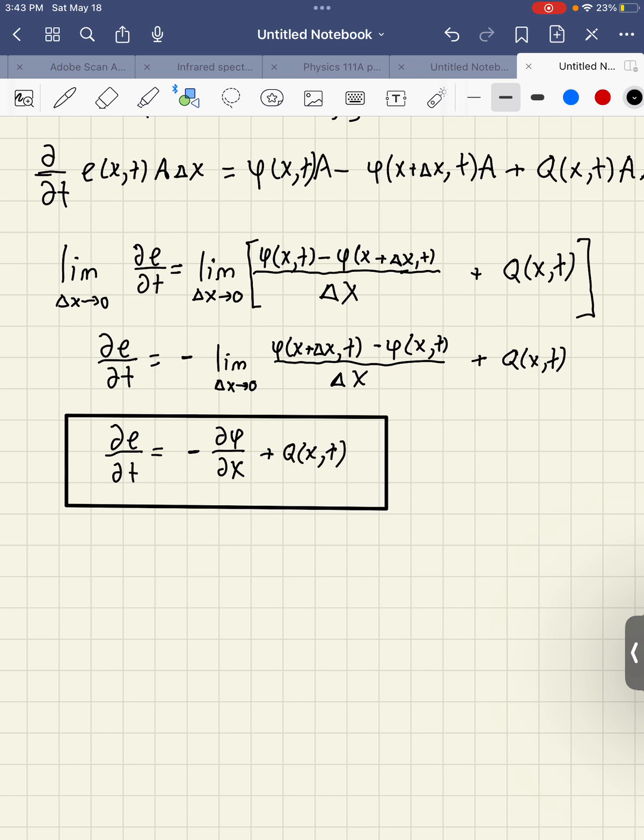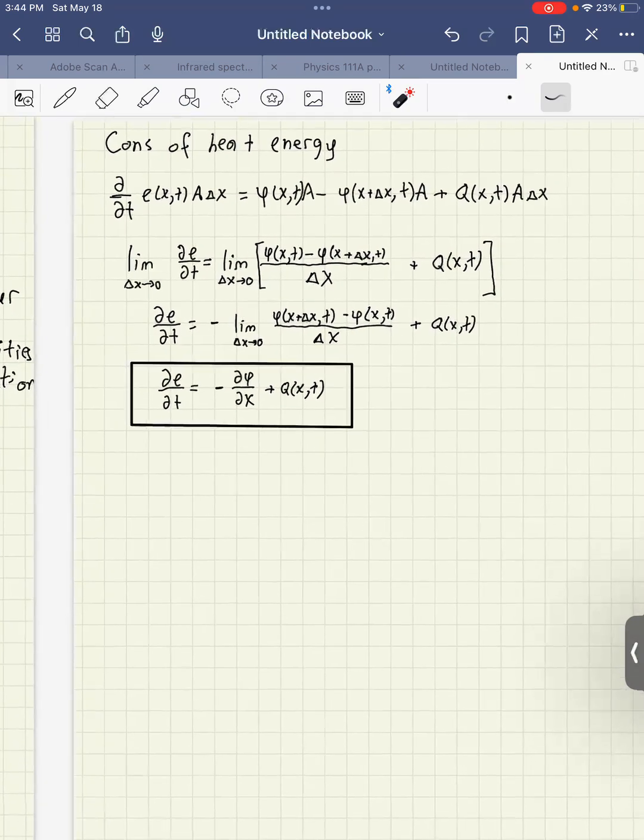We have the heat flux, which is a function of x and t, and the thermal energy density, which is also a function of position and time, and the heat generated. The heat generated is just information that they need to provide. It could be neglected, or there might be some relation between our heat energy and our unknown function, and I will tell you which unknown function we're going to simplify to.